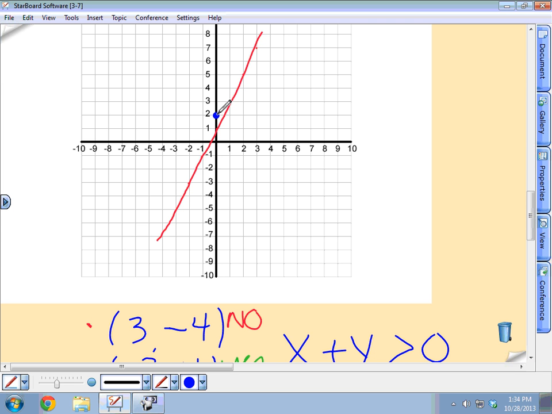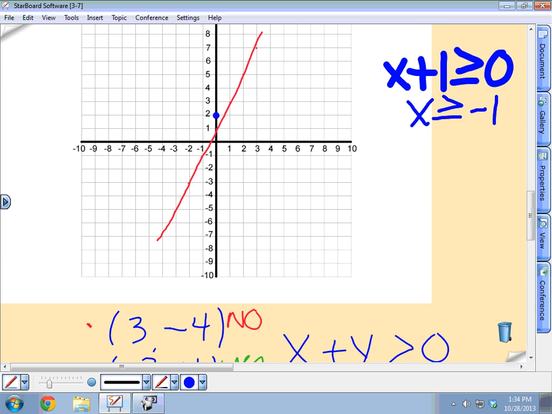All right, let's write down the inequality. All right, Jared, I want to solve this. So how am I going to solve this? Okay, and I'll get x is greater than or equal to -1.